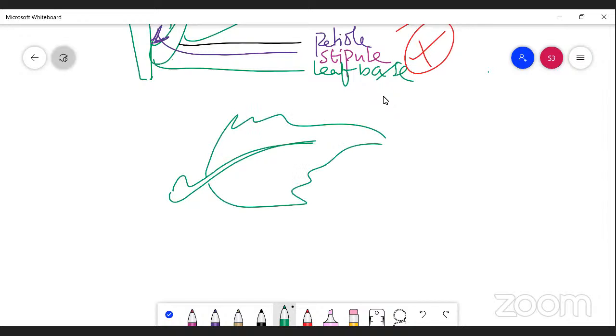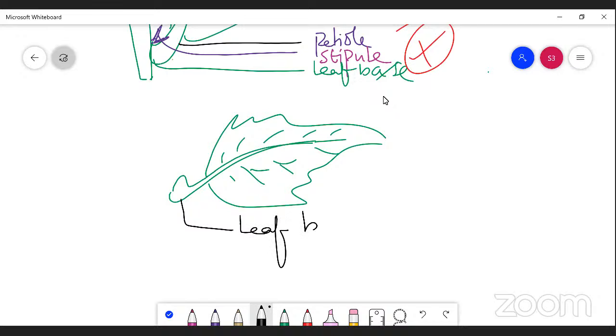I'd like to point out, it is a leaf where you see the leaf lamina, as I explained. And I'm talking about the leaf base. This is the leaf base, which becomes swollen in nature.